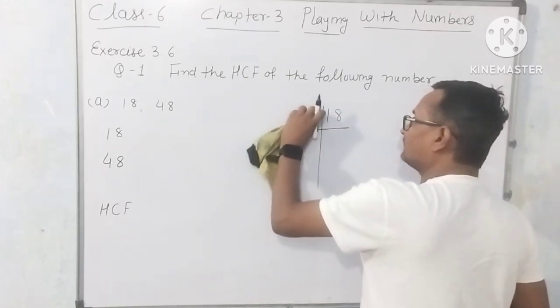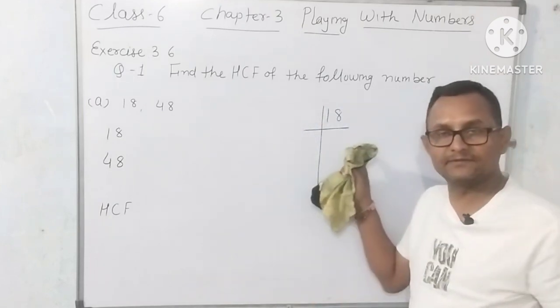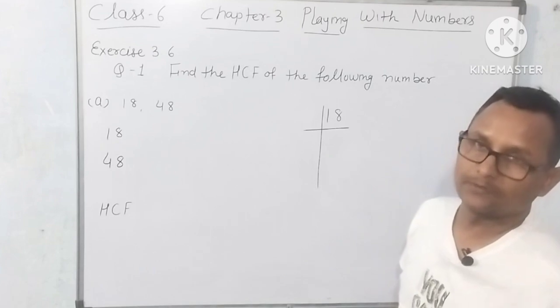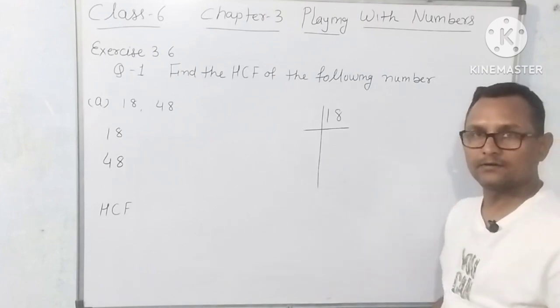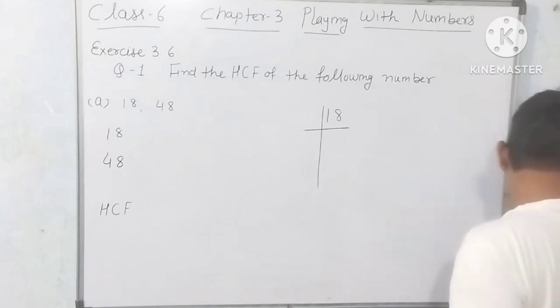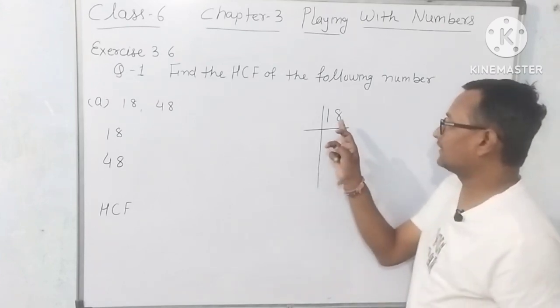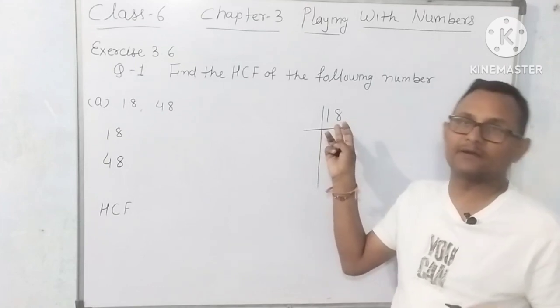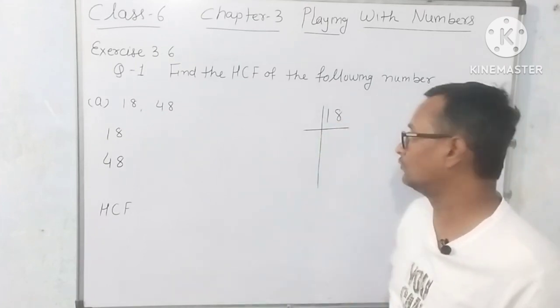In the prime factorization method, first we check whether the number is divisible by 2 or not, then 3, then 4, then 5. 4 is not a prime number, so we go to 5, 7. Here we check if it is divisible by 2: if the last digit is an even number, then it is divisible by 2.